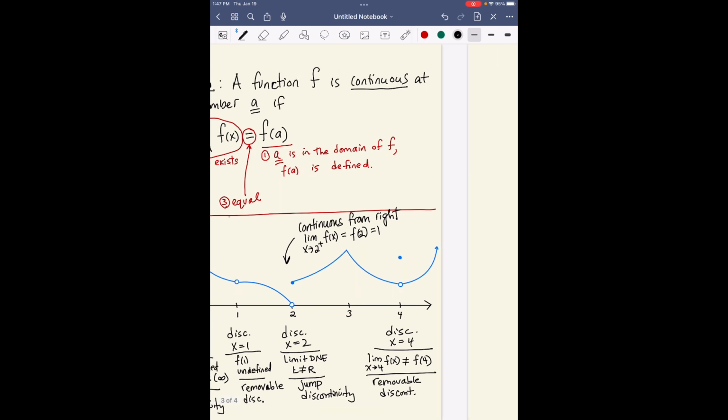The basic shape that you see when we talk about continuity from the left or from the right is, if the function is continuous from the right, you'll have this shape.